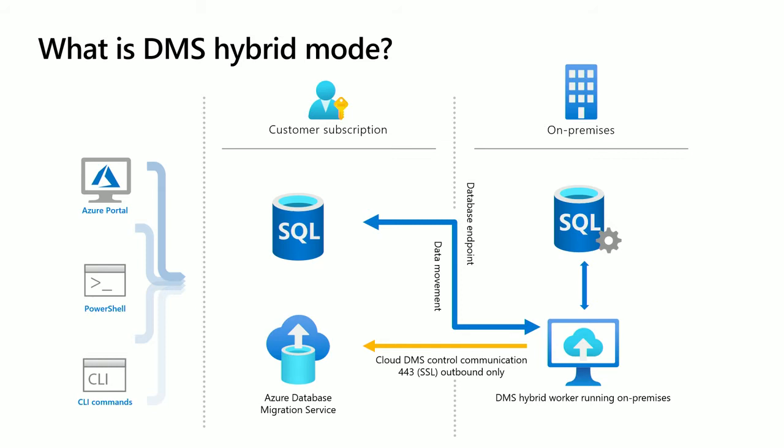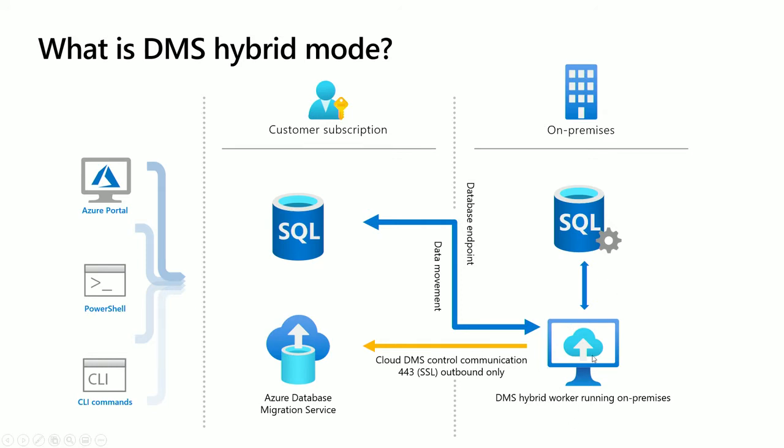Then we realized that we need to give customers an easy solution so that DBAs do not have to rely on the networking team. That's where the idea of hybrid DMS came. What hybrid DMS really means is that you are bringing the Azure Database Migration Service worker, the core engine which does the actual migration, to on-premises.